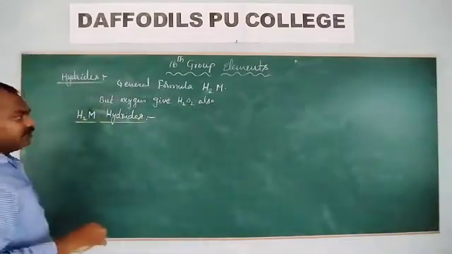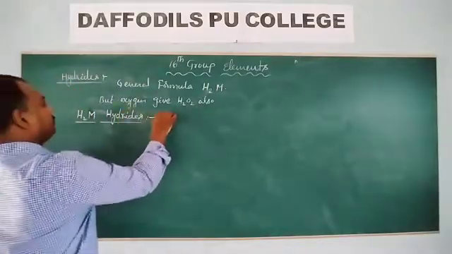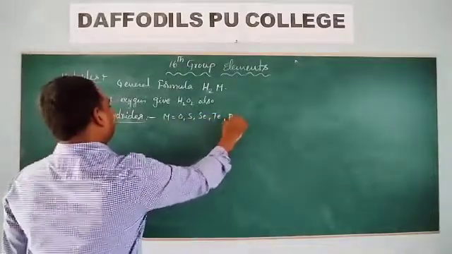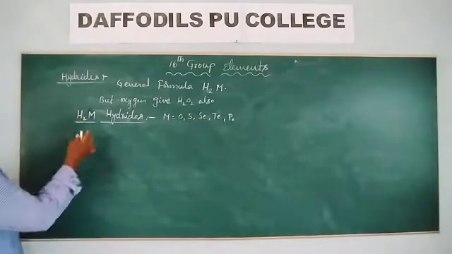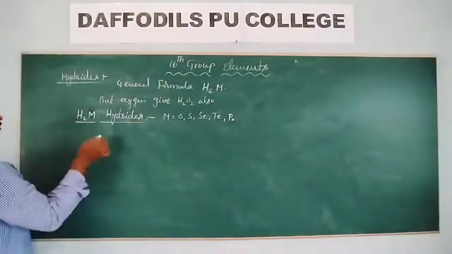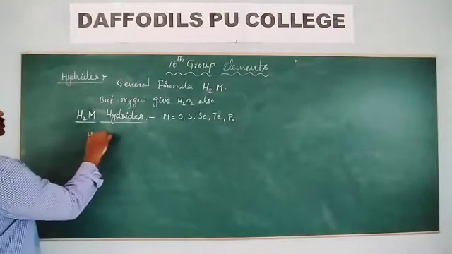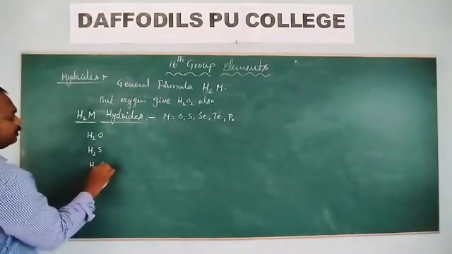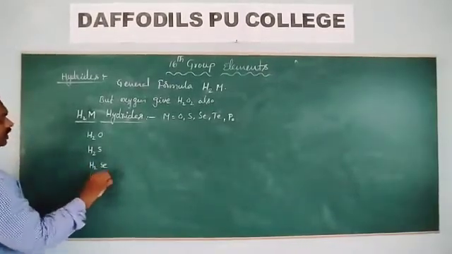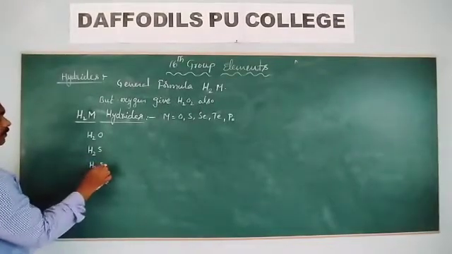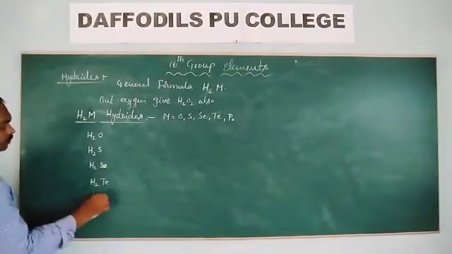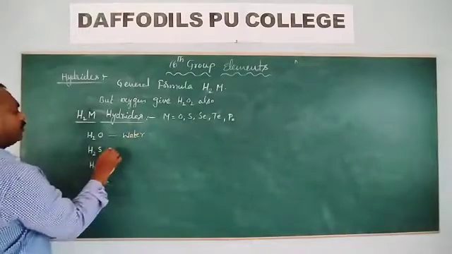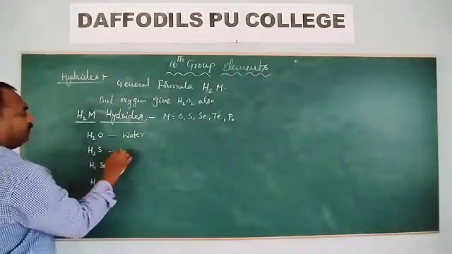So here M stands for these 16th group elements. M is equal to oxygen, sulfur, selenium, tellurium, polonium. So I am substituting all these 16th group elements instead of M. The first one is H2O, H2S, H2Se, H2Te, H2Po. H2O is known as water. This is hydrogen sulfide.